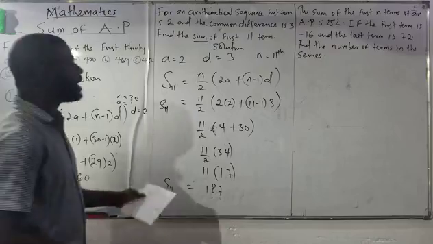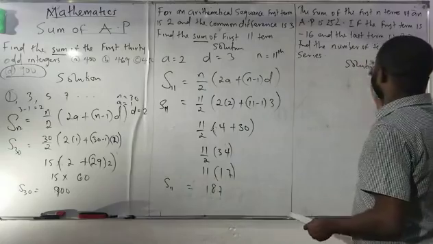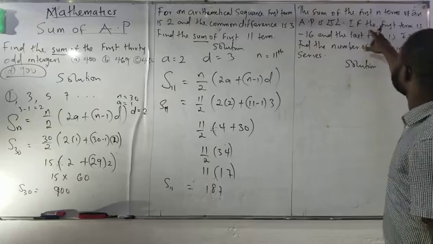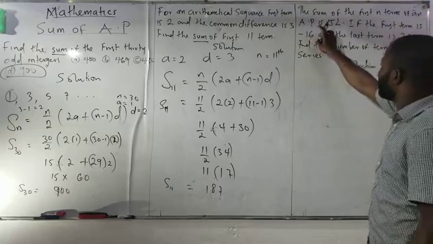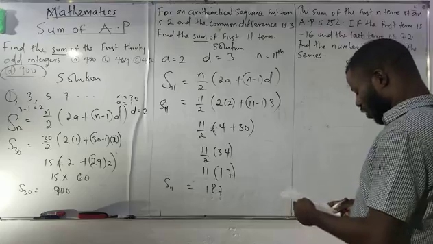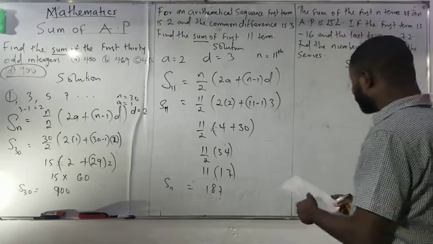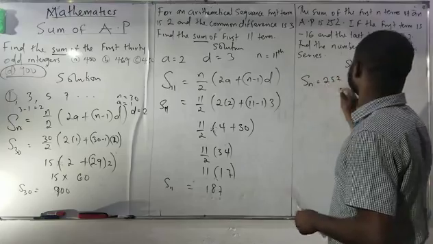187. Now the last part of it is this one. Look at this. The sum of the first n terms of an arithmetic progression, which is AP, is 252.